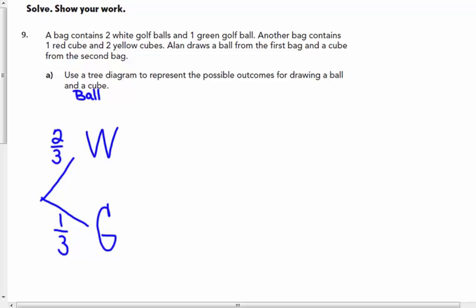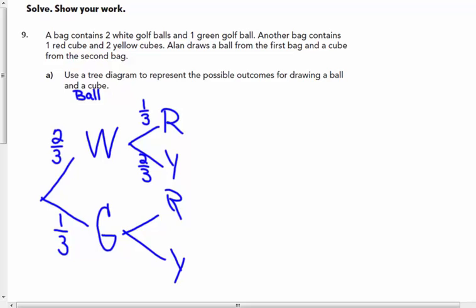Not equal, so you have to put the fractions on here. 1 out of 3 of them are red, 2 out of 3 of them are yellow. So you can choose a red or a yellow. 1/3, 2/3. So that's picking the cube.